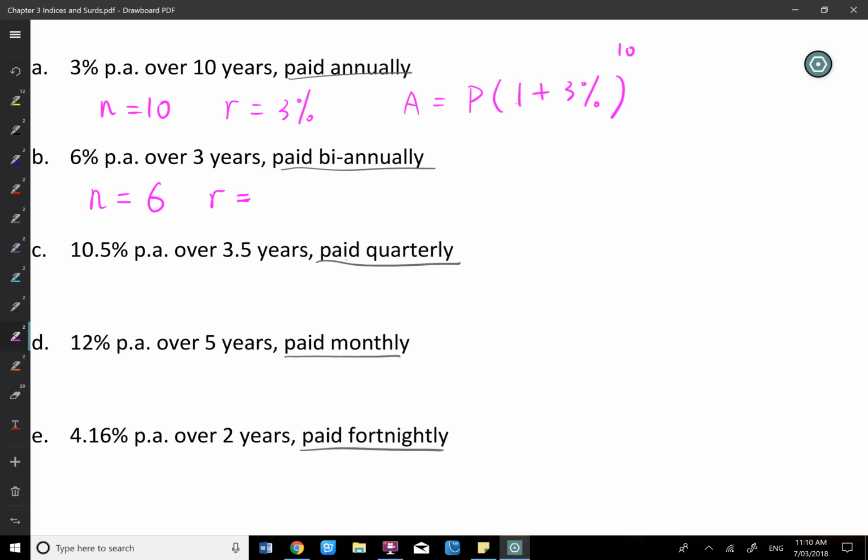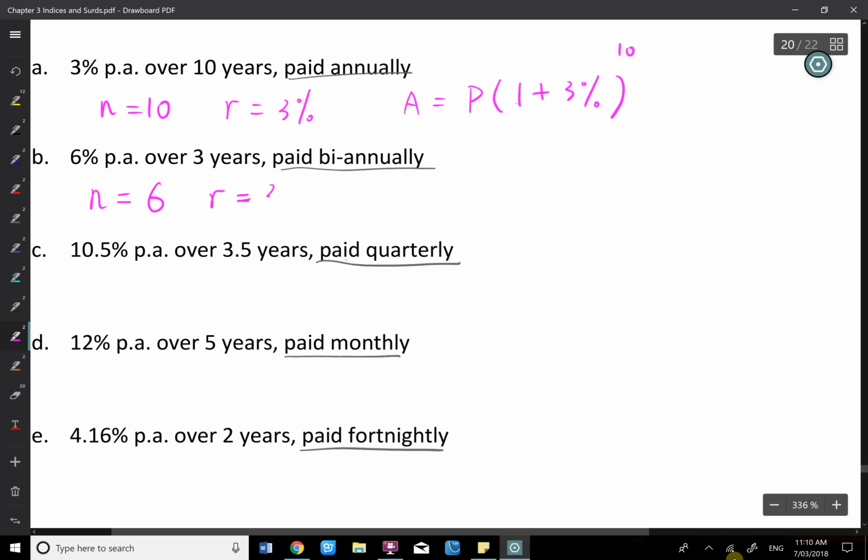If you put 100 in the bank for a whole year, you receive $6. But you only keep it there for half a year, which means you only earn $3. So the interest rate is not 6% for half a year, it's actually 3% for half a year.